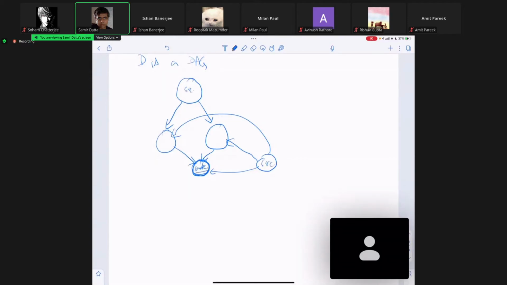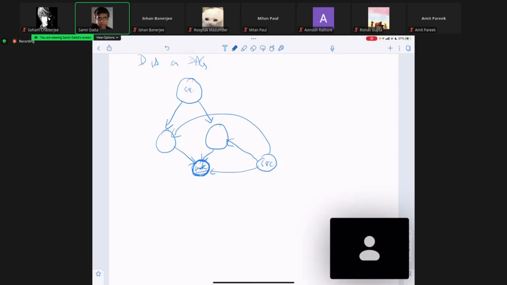Now, if I gave you a vertex in a sink strongly connected component, could you determine the vertices of the strongly connected component under the promise that it belongs to a sink? Yes, they would just be all its neighbors, right?